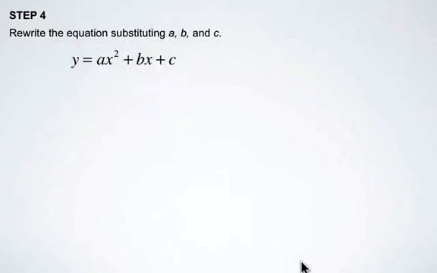Step 4. We're going to rewrite the equation substituting a, b, and c. y equals ax squared plus bx plus c. This is the standard form for a quadratic relation. Our a is 1/4, our b is negative 1, and our c is negative 2.